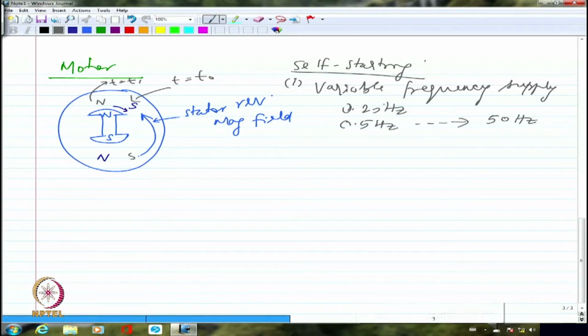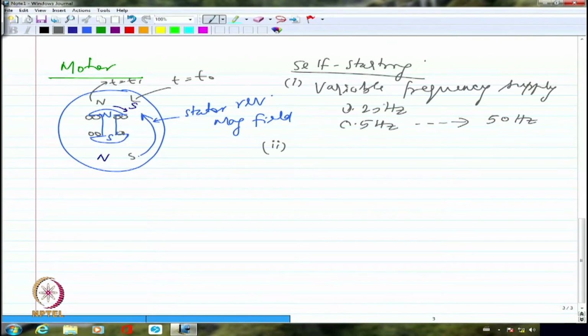Another method normally used, because some of your classmates yesterday asked why can't you have some kind of winding in the rotor which can be short circuited, in which case it will exactly behave like an induction machine, right? So it is really done in a synchronous machine. Maybe you will have a few bars kept here.